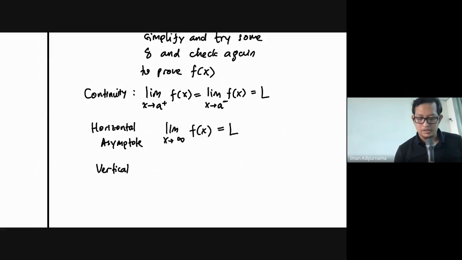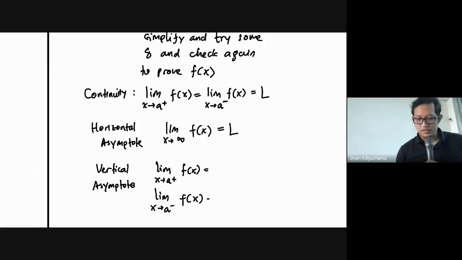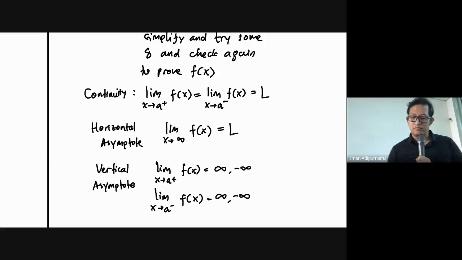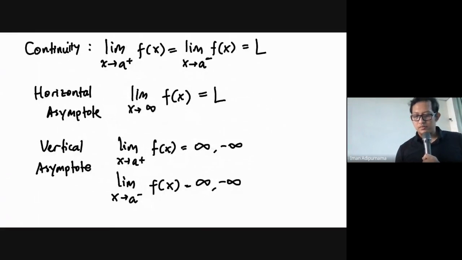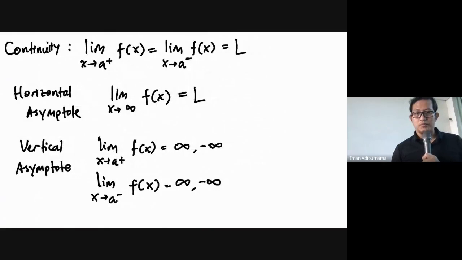And we have the vertical asymptote. This can result in infinity or negative infinity, so it can be negative or positive.